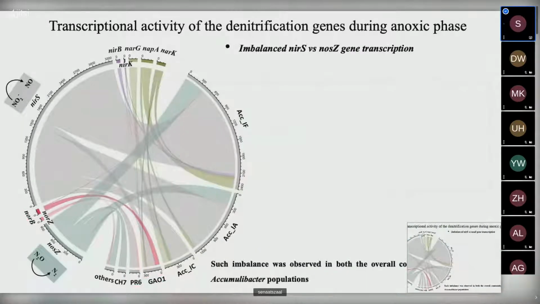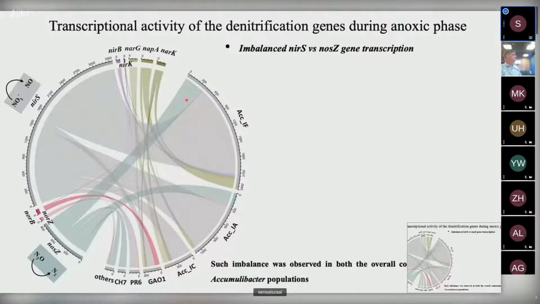Another pattern observed that may correlate with nitrous oxide accumulation is the imbalanced transcription of the nirS gene and the nosZ gene. Although both genes are dominantly expressed by Acinetobacter populations, in whichever PAO population the nirS gene has much higher transcription than the nosZ gene.